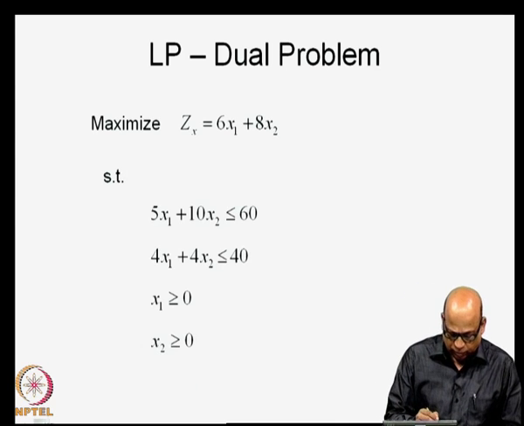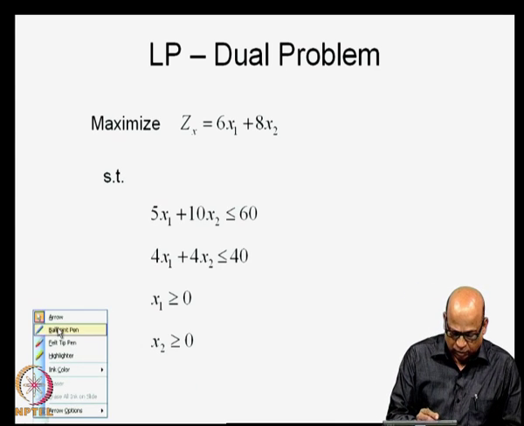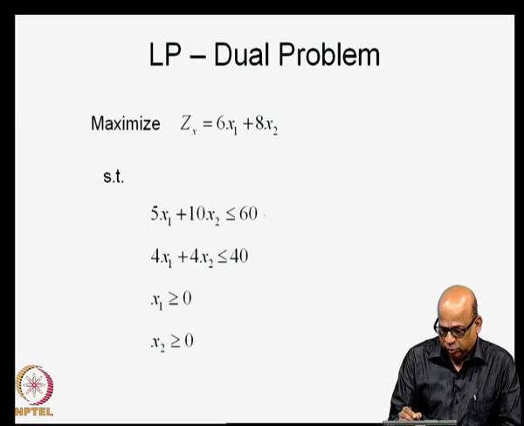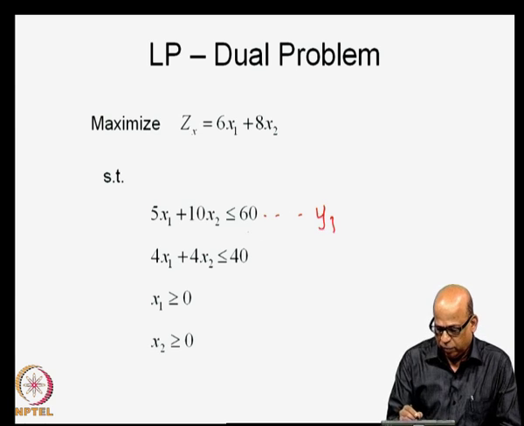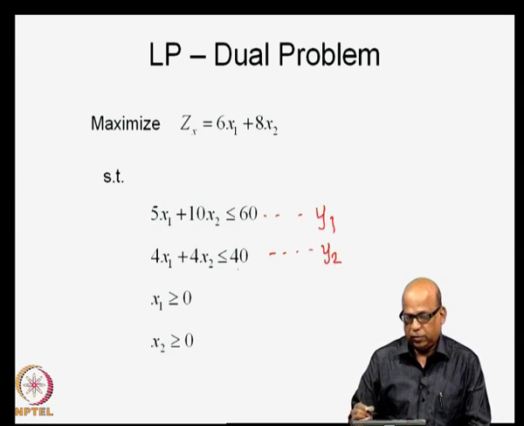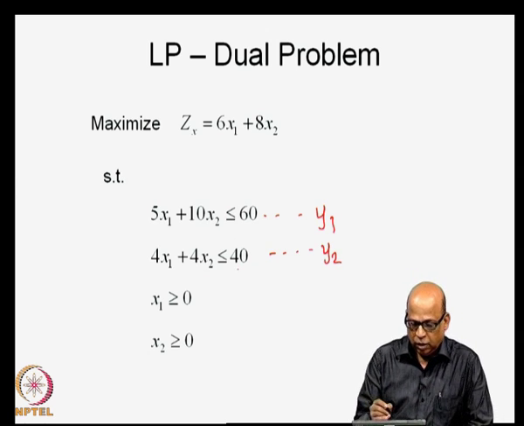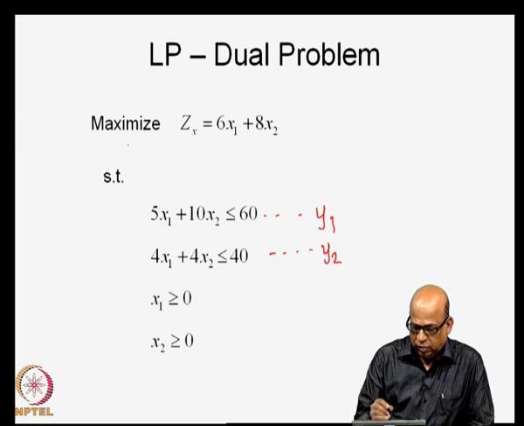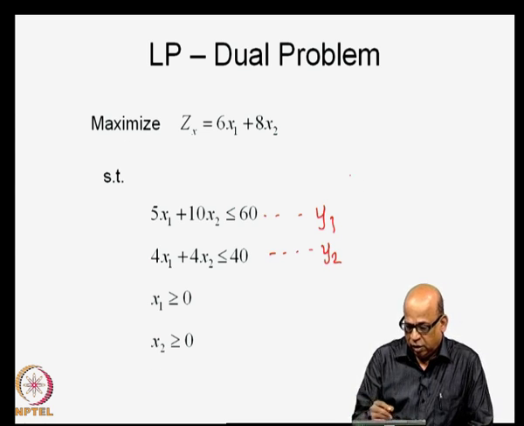Let us say for this problem, I will associate one variable y 1 with the first constraint and another variable y 2 with the second constraint, and then write another problem where, instead of maximization, I will write minimize.